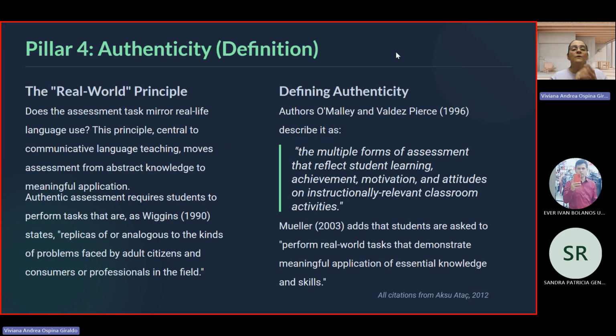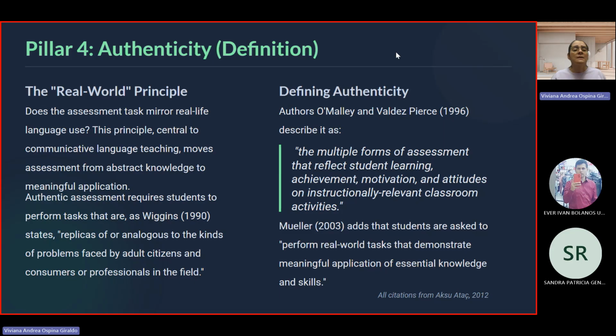When we talk about the real-world principle, we talk about being able to communicate within a real environment in meaningful situations. When we do authentic assessment, it requires that students perform the tasks as they are, like they could replicate a problem, or do role plays.